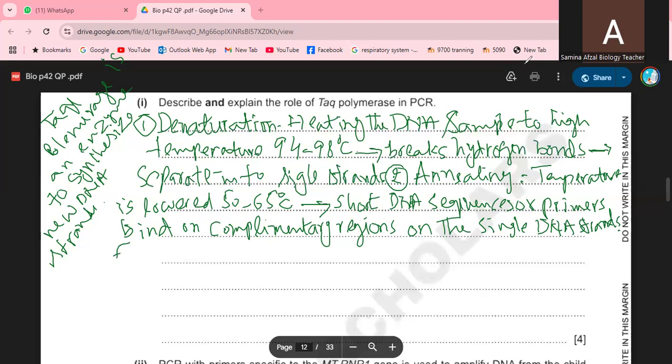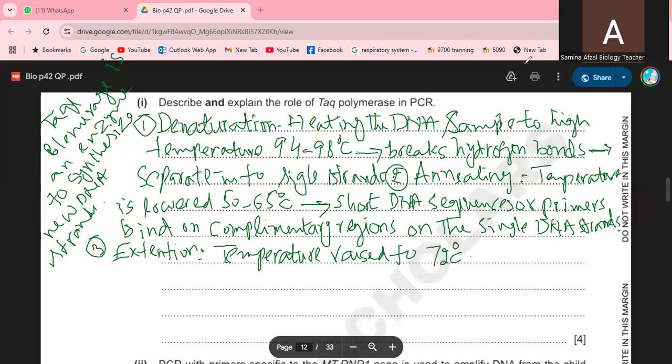Then next is extension. Next step is extension. And during extension, the Taq polymerase will come into play. So the temperature is raised to its optimal activity again, raised to 72 degrees centigrade.